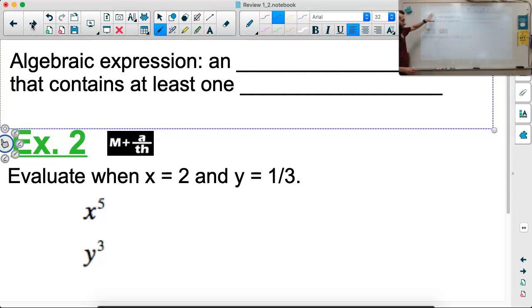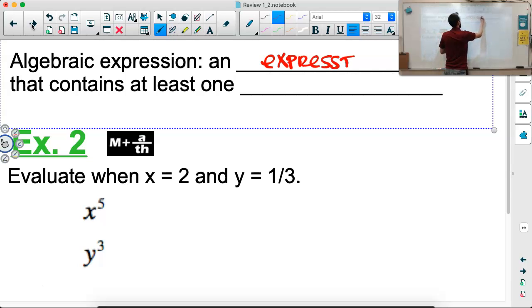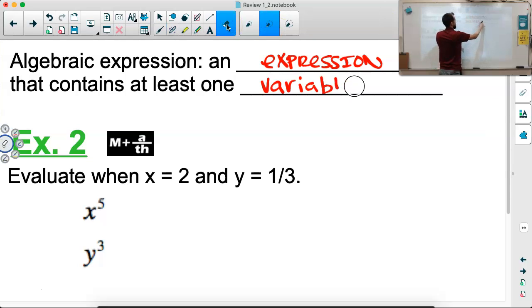Okay. We also have these things called algebraic expressions. An expression is something that contains at least one variable.